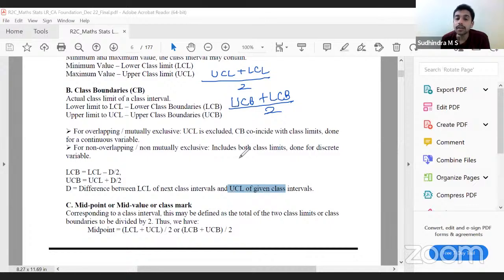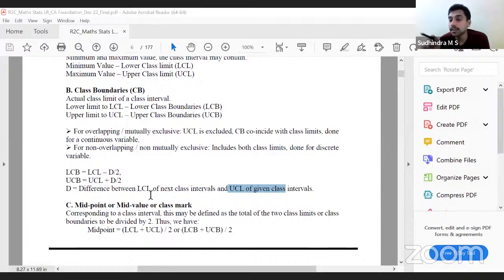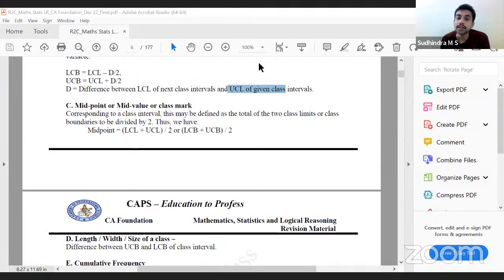Right? It's called the representative of that particular class interval. Midpoint is LCL plus UCL by 2 or LCB plus UCB divided by 2. In calculation of the arithmetic mean, when we have class intervals, the value of x that we take is the midpoint.